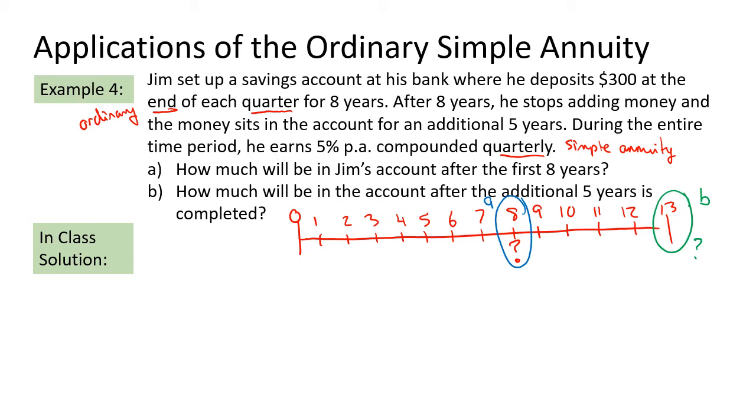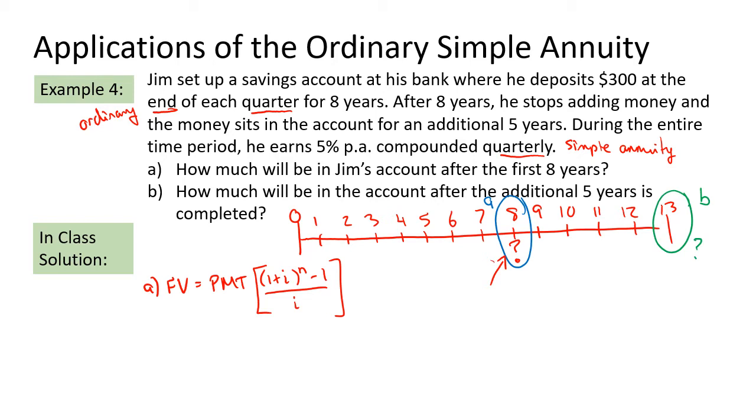We can find the future value at year 8, or at the end of the annuity, using our formula. So part A, future value is equal to our payment times 1 plus the periodic interest rate, to the exponent n, the number of payment periods, minus 1, divided by the periodic interest rate.